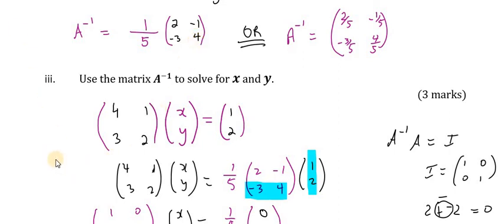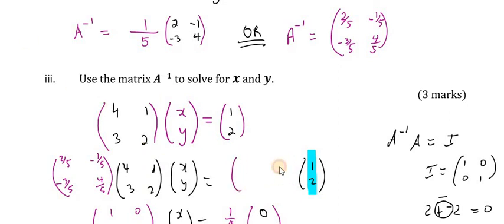So in fact, what we have is just the 2 by 2 matrix there, which contains 2/5, -1/5, -3/5, and 4/5. Let's replace the same inverse there with the 2 by 2 inverse: 2/5, -1/5, -3/5, and 4/5.